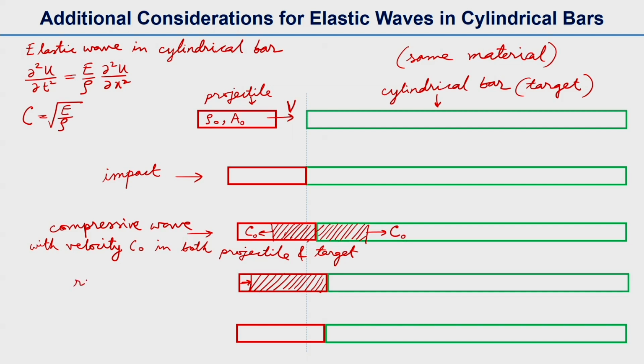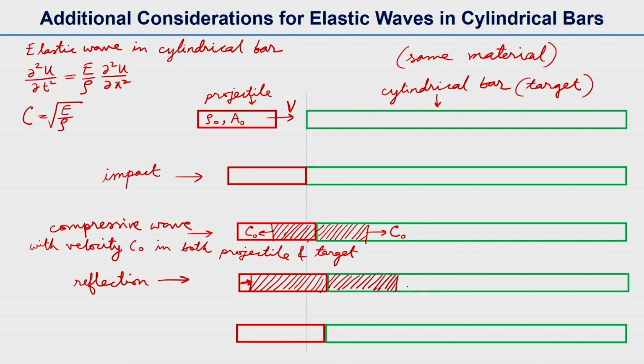At the same time, whatever distance it travels in the projectile bar, the same distance it will travel in the target bar as well, because the velocities are the same.